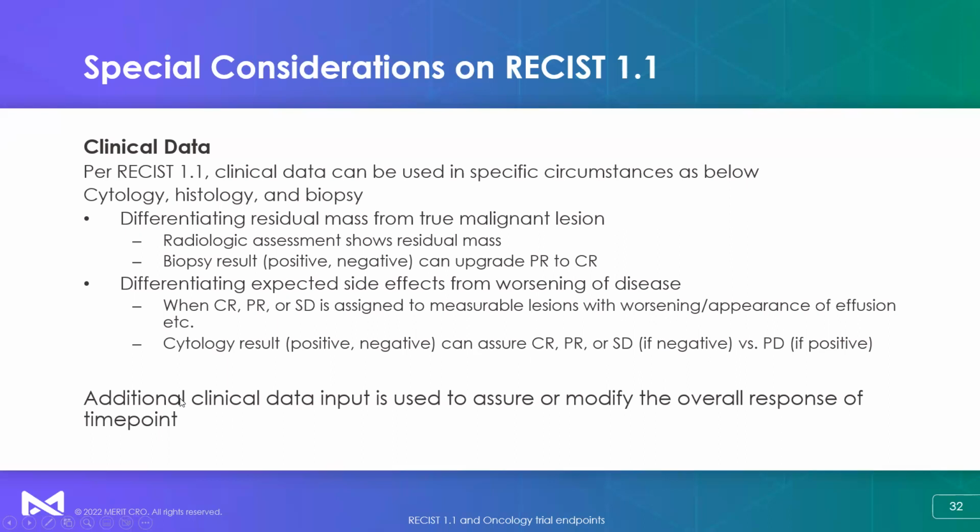So additional clinical data is important for the reader to fine-tune their responses and differentiate if radiology response and some combined clinical data should be utilized to give the right response or the progression to the subject.